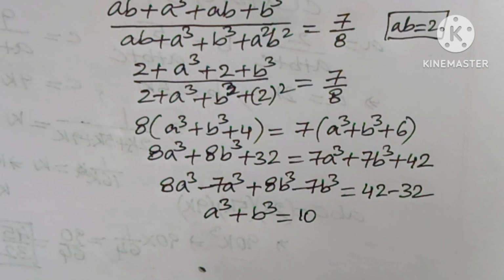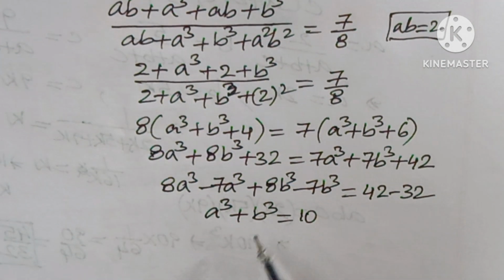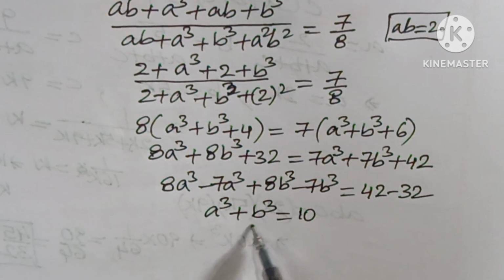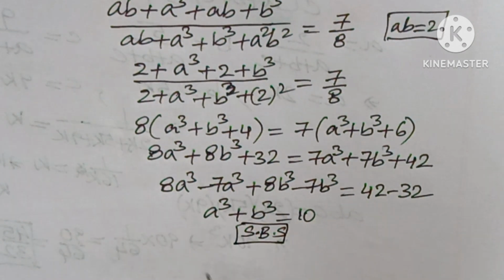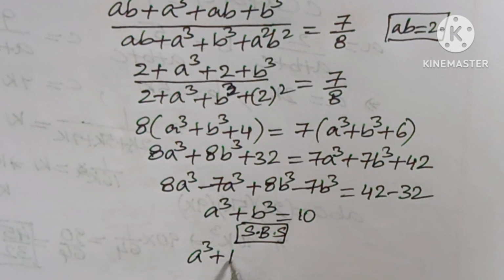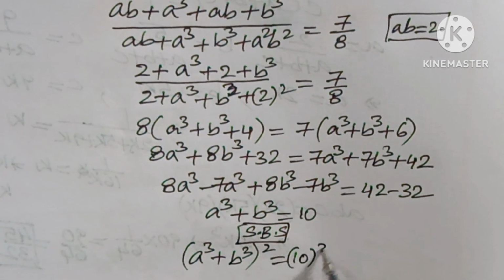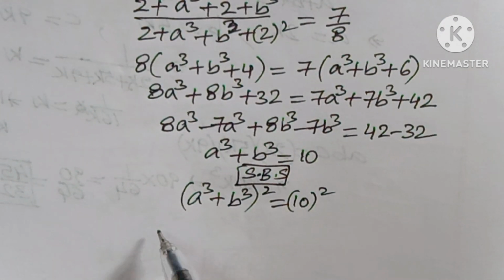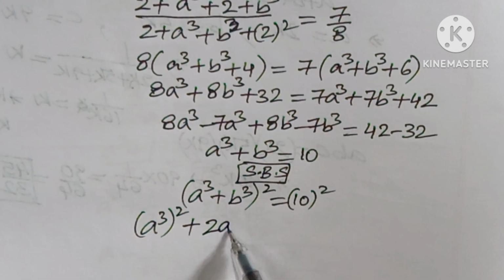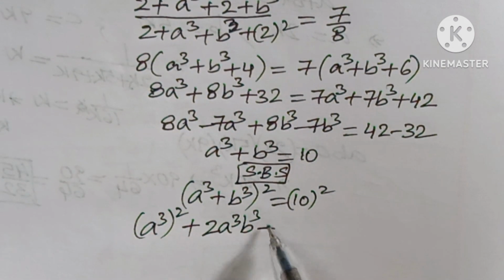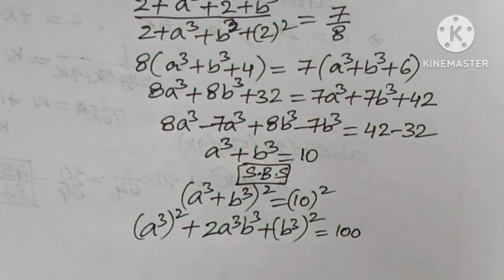But what is required is a to the power 6 plus b to the power 6. Now here, squaring on both sides, (a³ + b³)² is equal to 10². So here (a³)² plus 2a³b³ plus (b³)² is equal to 100.